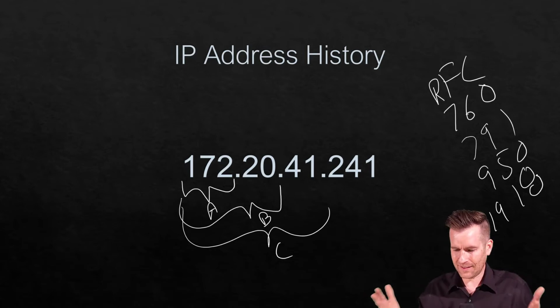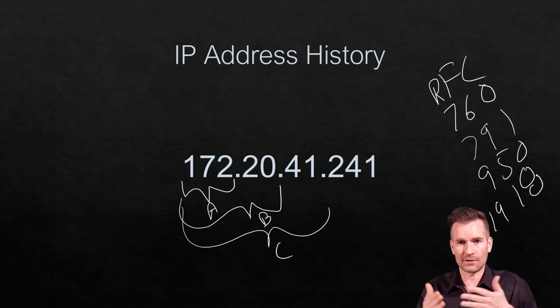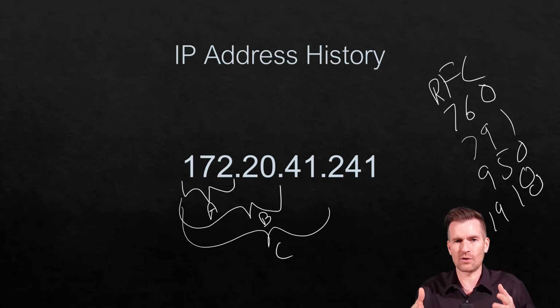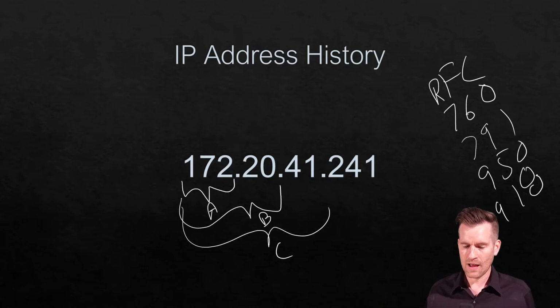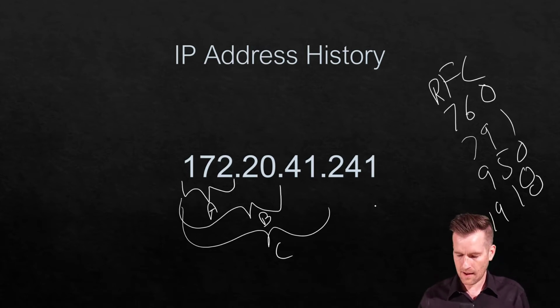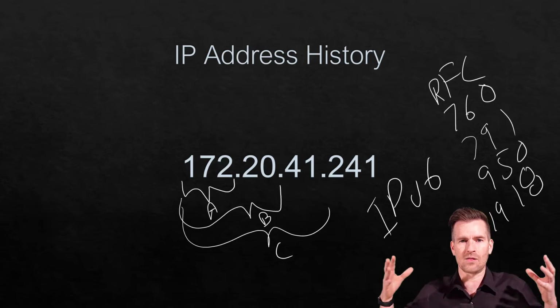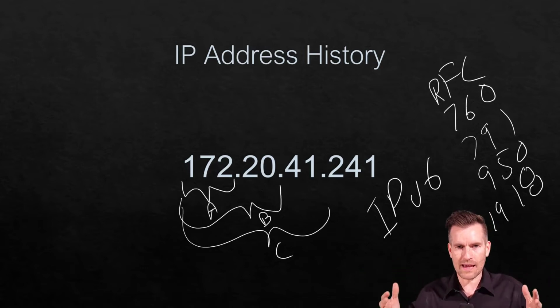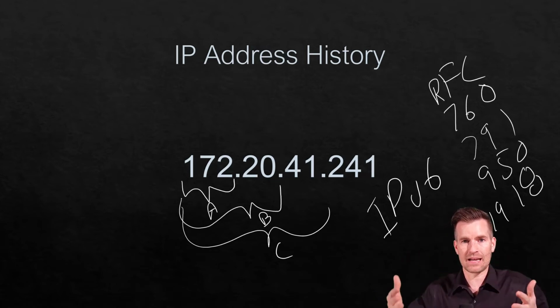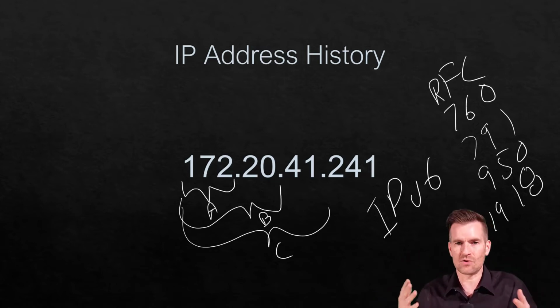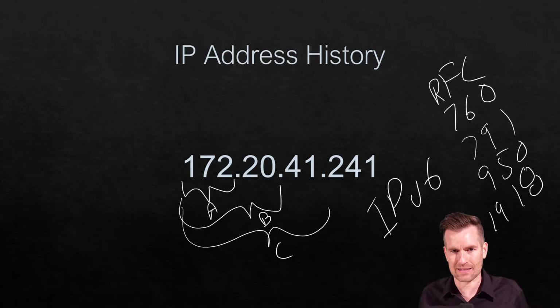It gave us definitely some momentum with IP version 4 and let us extend the use of IP version 4, but we're still running into problems with the IP version 4 scope or address space, and we need more. So that is the reason for IP version 6. It is the solution to giving us a lot more time with IP addressing and equipping us for future needs, as we continue to need more address space.